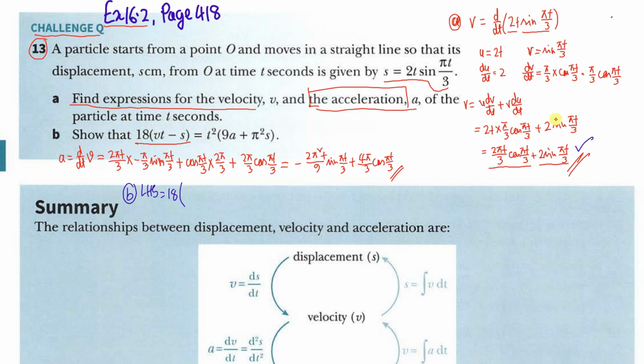Okay, let me do it. If we multiply with t, then it turns to 2 pi t square divided by 3 cos pi t by 3, then plus 2t sine pi t by 3, because we multiplied that velocity expression with t. That's why this is like this. Okay, minus s, this is the expression s, let me put it here, minus 2t sine pi t by 3.